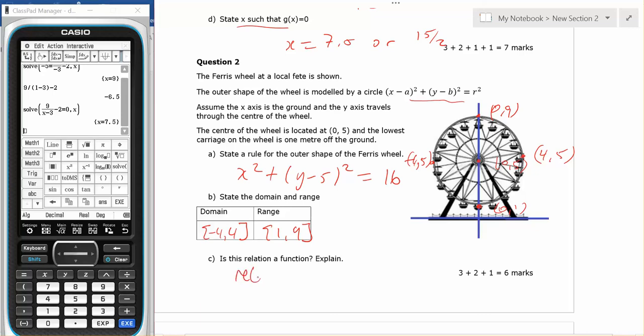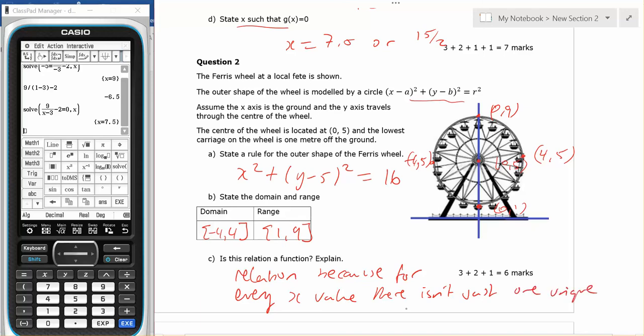Okay. So is this a function or a relation? So it's a relation because for every x value, there isn't just one unique y value. So don't say vertical line test, because that's not a valid reason.